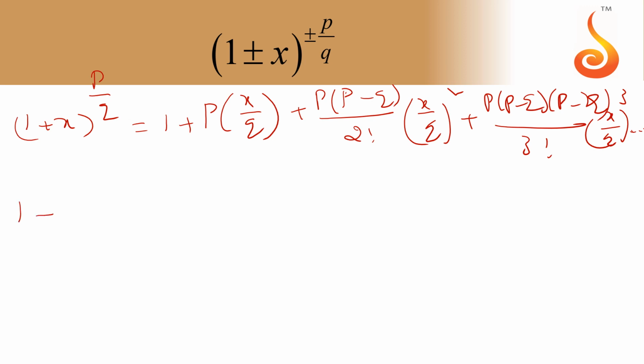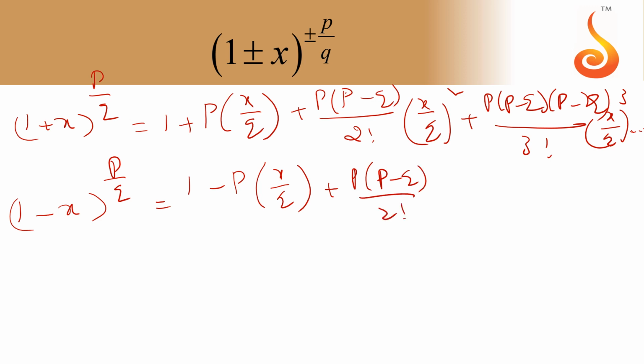Then (1 minus x) whole to the power of p by q will be 1 minus p into (x by q) plus p into (p minus q) by 2 factorial (x by q) whole square minus, and so on. Observe carefully what is happening.